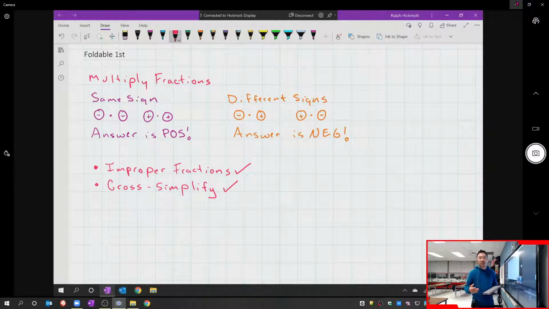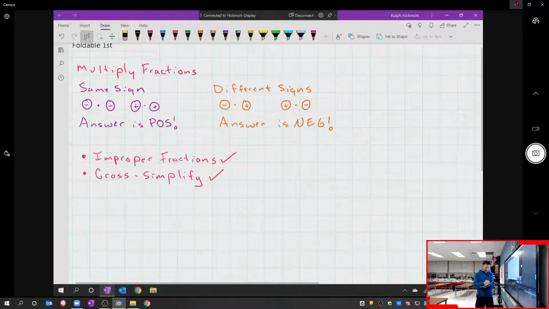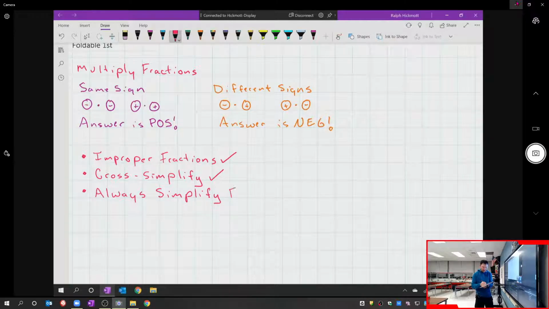When we go over some core examples, for this video you're just getting the notes down, but when we go over core examples there will be some cross simplification skills that we can apply. And last but not least, always simplify your answer. That is a general rule for all fraction operations. Always simplify final answer.